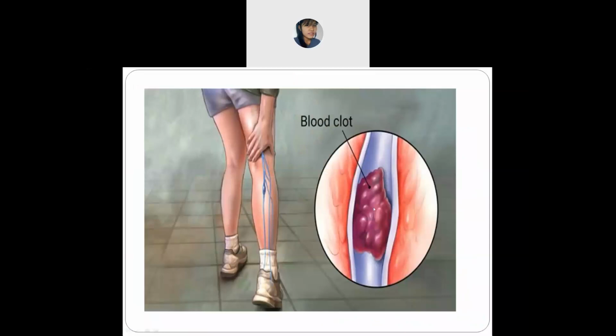Next is blood clot. The blood is accumulated in the vein. The person will find difficulty in standing and all that, because this area will pain.